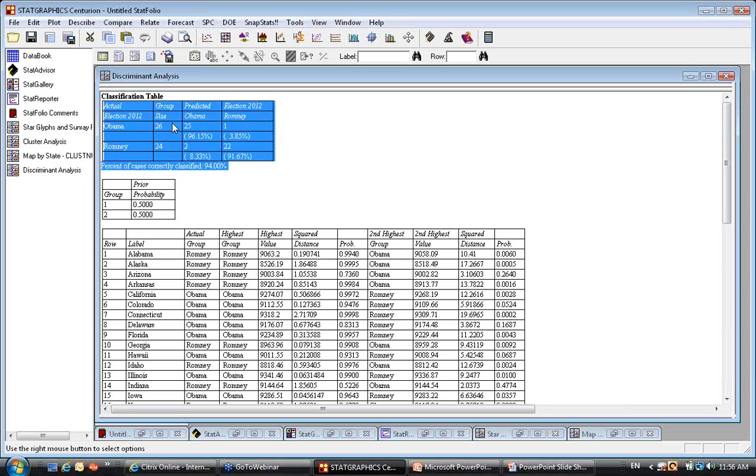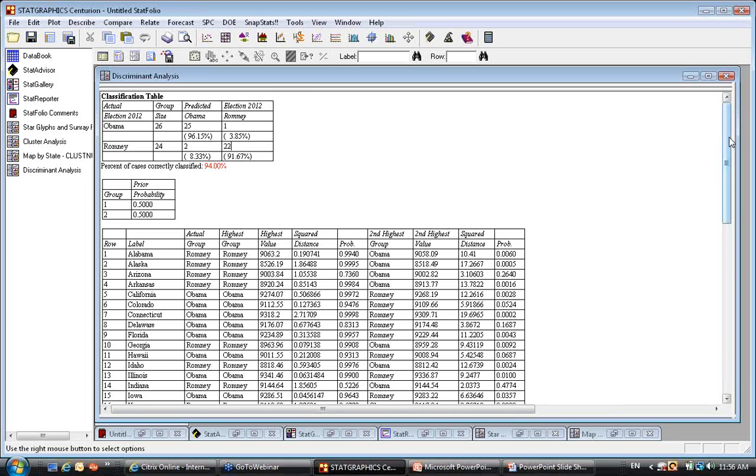In fact, 26 states voted for Obama. Of those, our discriminant function would have classified 25 properly. But one of the states that went for Romney, we would have actually assigned to Obama. Of the 24 states that actually voted for Romney, 22 would have been assigned mathematically to Romney. 2 we would have missed.